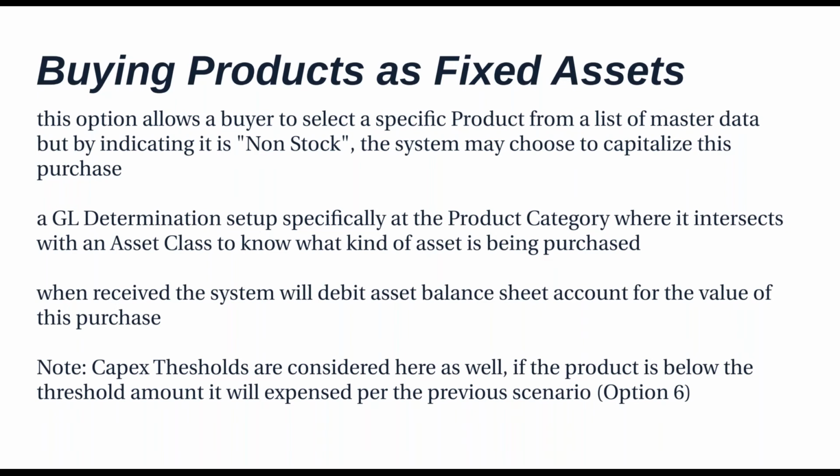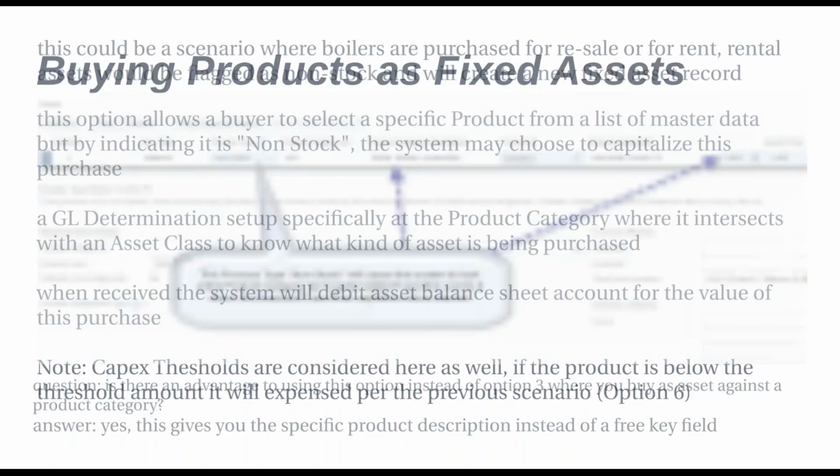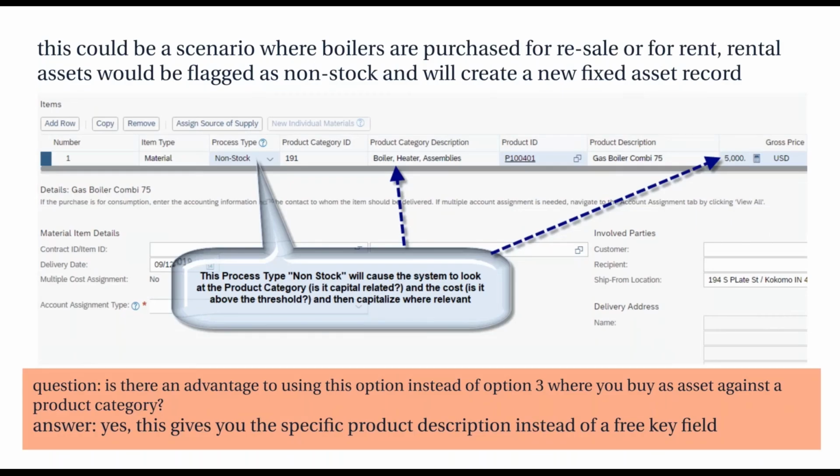It is associated to the product category, but it applies when this scenario occurs where we have a specific product on the PO. It says non-stock, it's material, and the system has flagged that product category to check to see, hey, this product category is sometimes a capital asset.